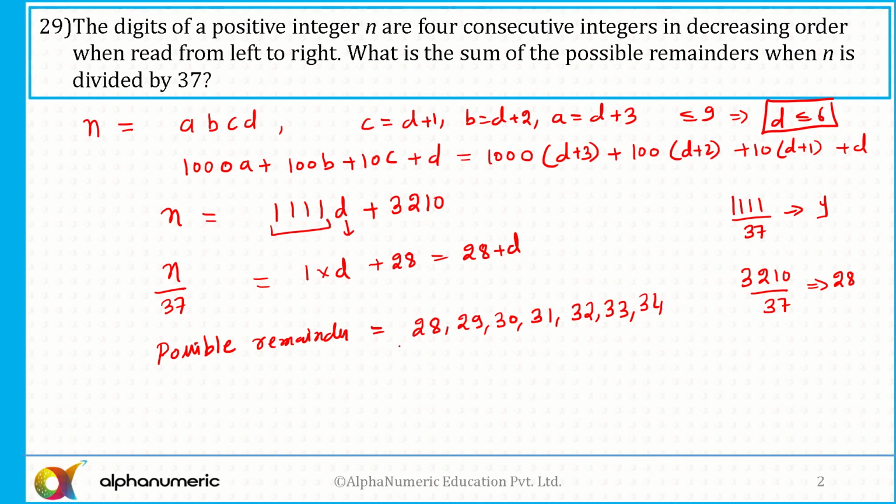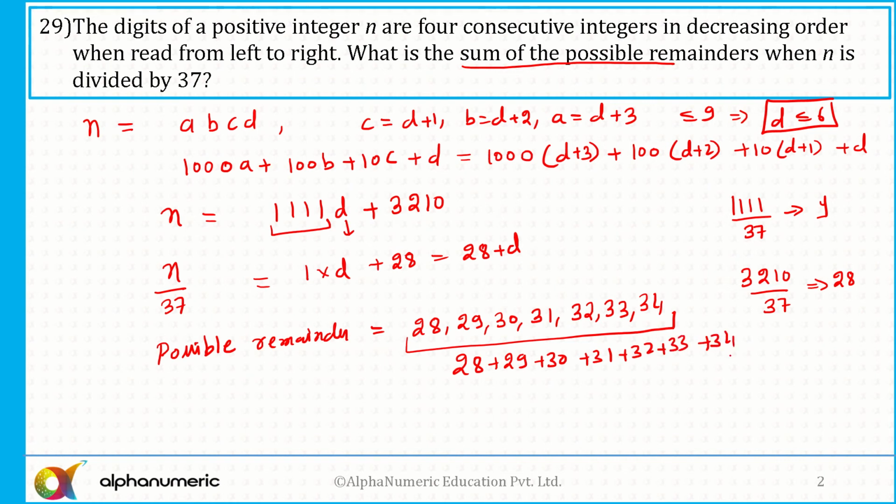So we are getting 7 possible remainders, and we need to find the sum of all of them: 28 plus 29 plus 30 plus 31 plus 32 plus 33 plus 34. If you add all these values, it comes out to be 217.